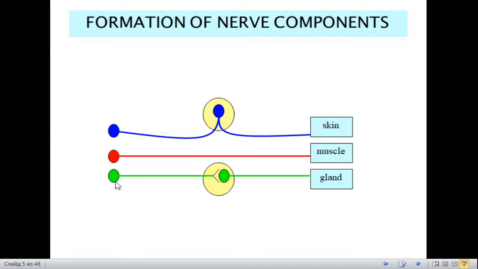So, due to relation with the ganglion, there are two types of fibers, preganglionic and postganglionic fibers. Preganglionic fibers actually are axons of neurons located in parasympathetic nuclei of the brainstem, and postganglionic fibers are axons of neurons located in the parasympathetic ganglion. And these postganglionic fibers travel to glandular epithelium.